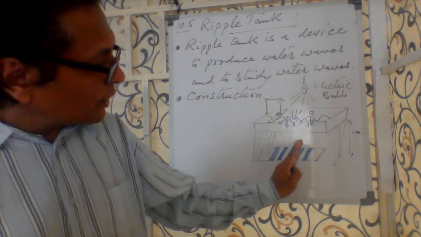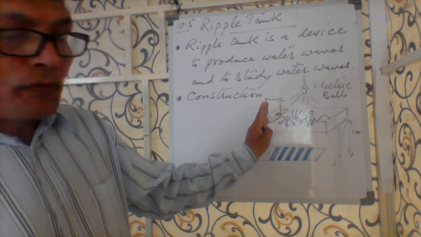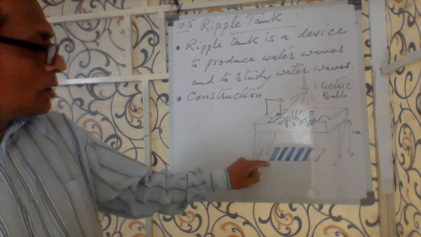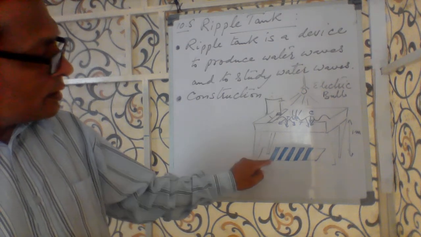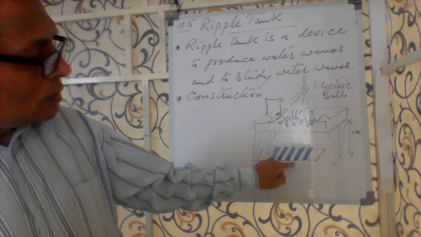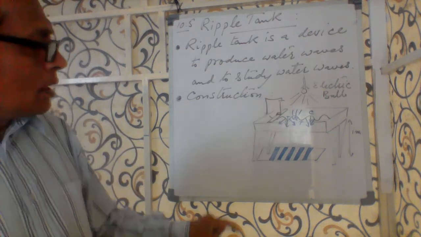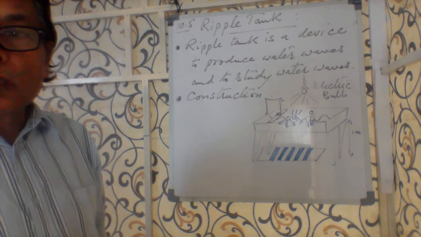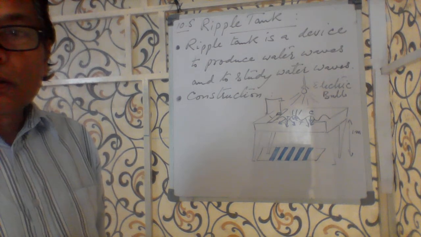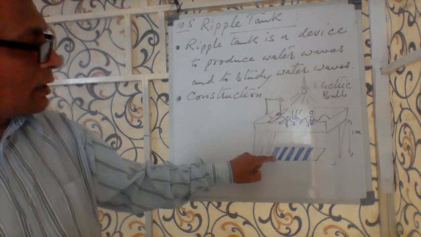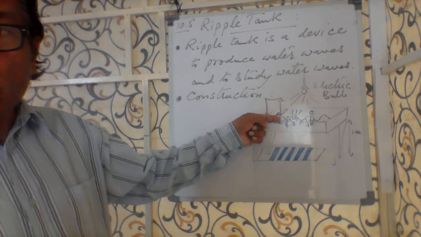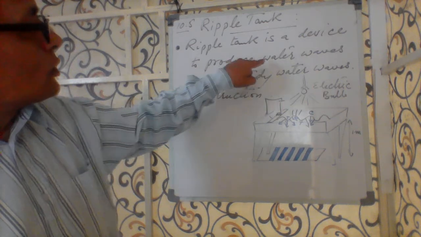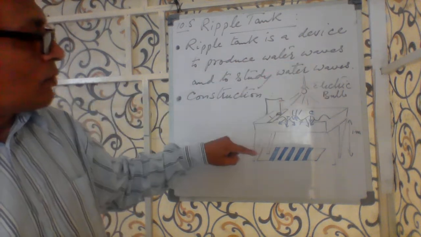These also move in the forward direction as the waves are moving in the forward direction. So now we are getting the image of the waves, and we will study these images, and thus in fact we will be studying the waves. So here we have written to produce water waves and to study these water waves.